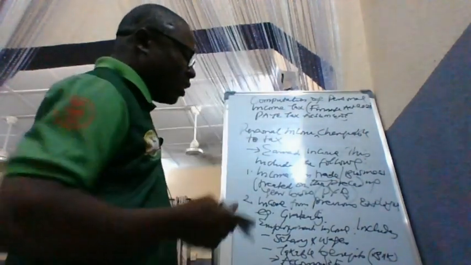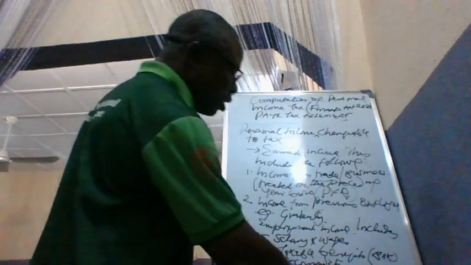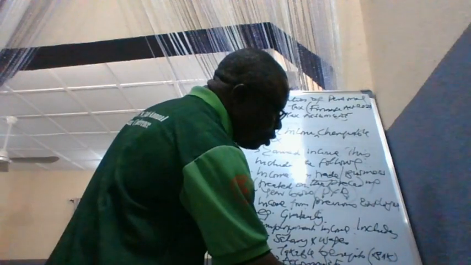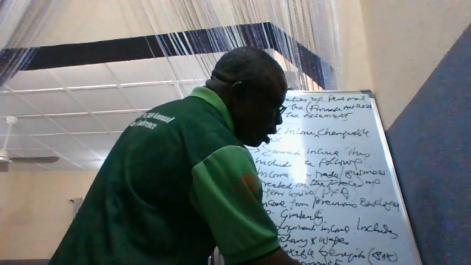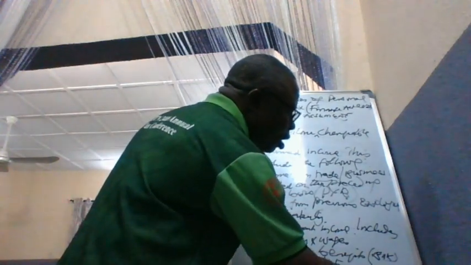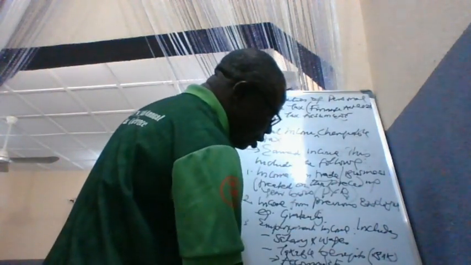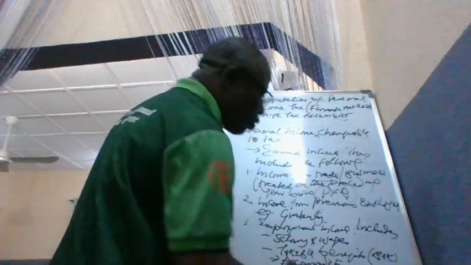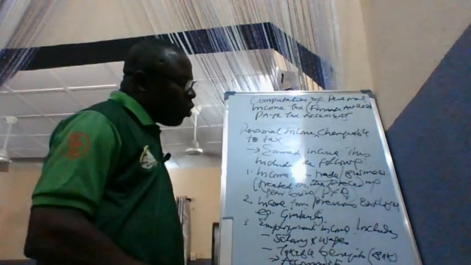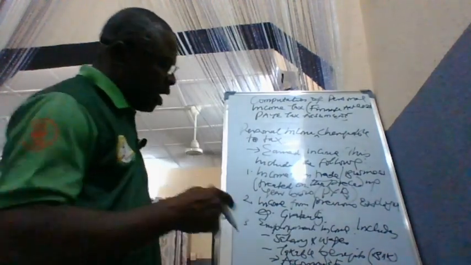Examples are furniture and motor vehicles. So these items fall under benefit in kind.